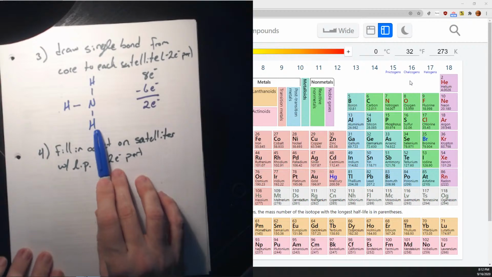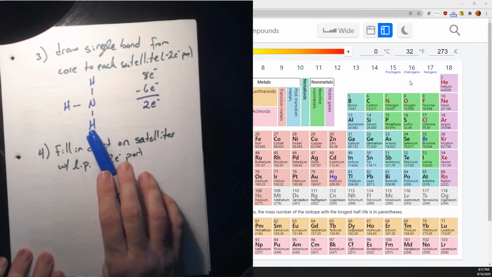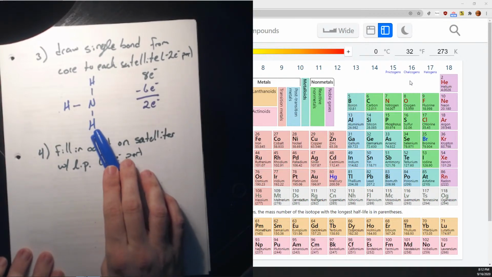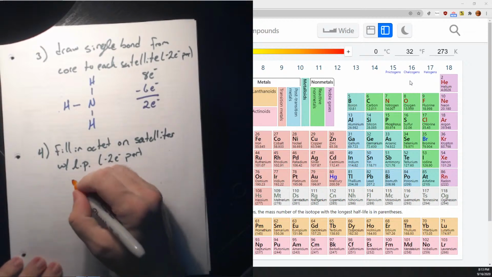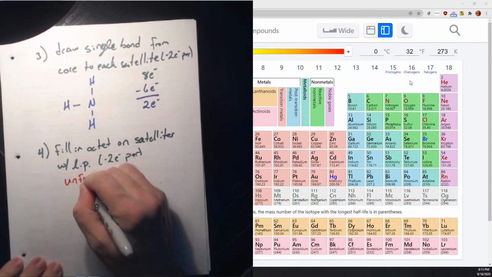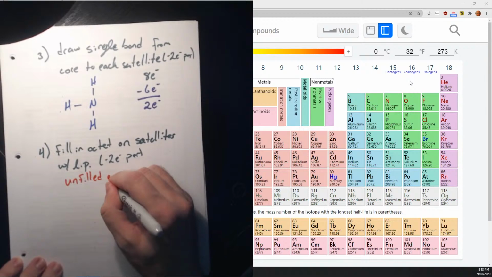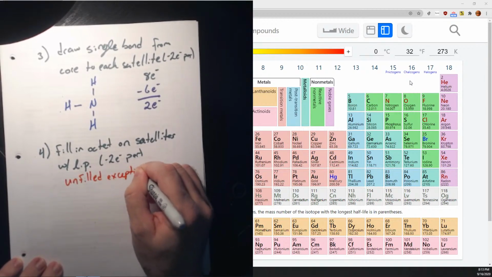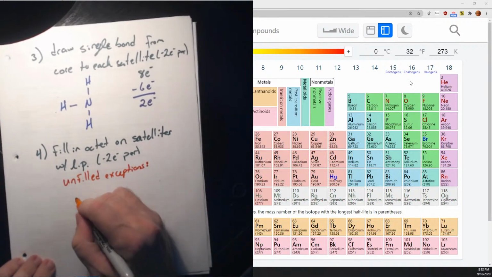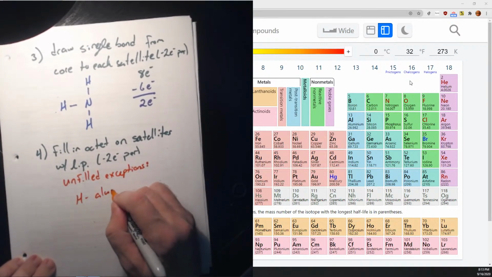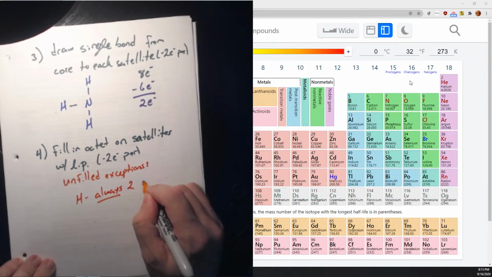Now, the thing about hydrogen is that hydrogen is one of the exceptions to the octet rule. There are others. So 2 exceptions to the octet rule where they don't necessarily fill up. Hydrogen always 2.